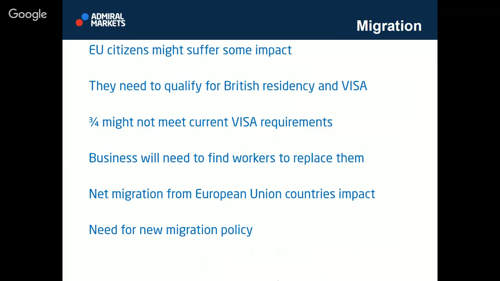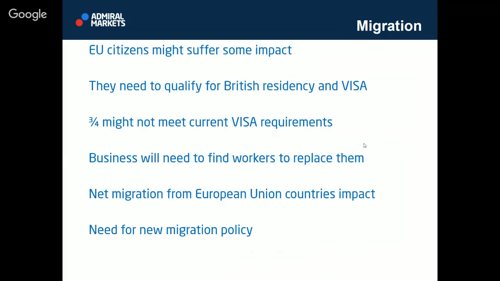Also, there are many European citizens, as I said, living and working in the UK. Three quarters of European Union citizens that currently work in the UK would not meet current visa requirements for non-European Union overseas workers if Britain left the bloc. So there are a lot of people potentially leaving the UK, and it would make it very difficult for businesses to find workers to replace them.